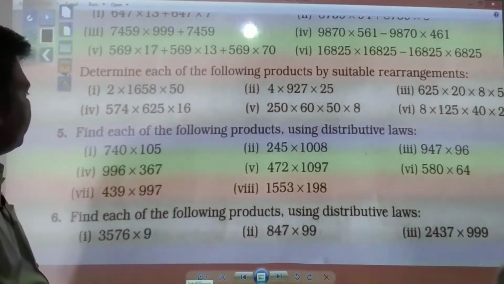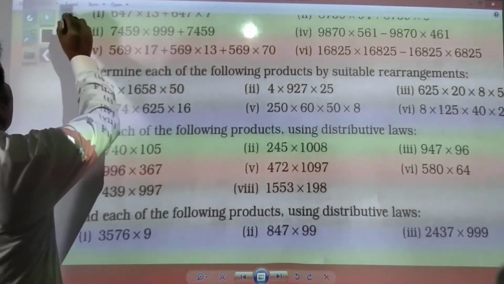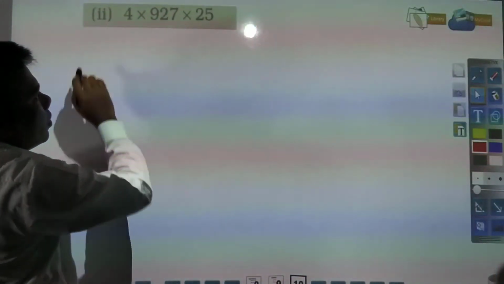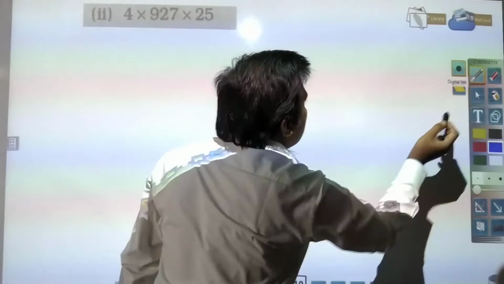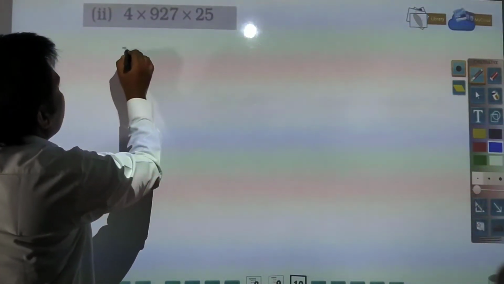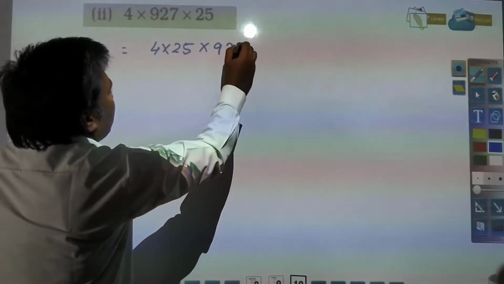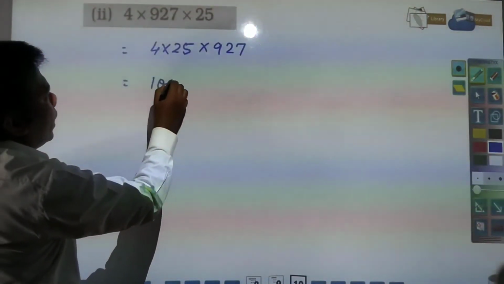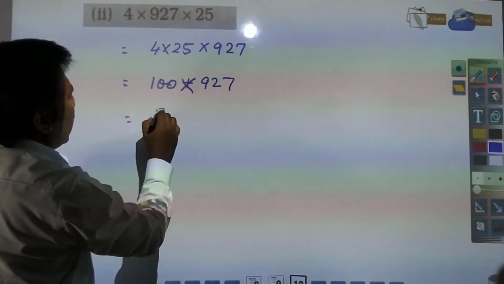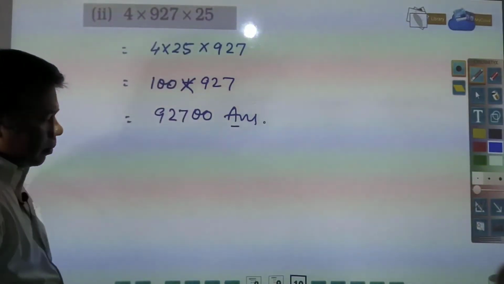Next you have this, you see, 4 into 927 into 25. It can be written as 4 into 25 into 927. So you will get 100 into 927. So 927 and 00, and this will be your answer.